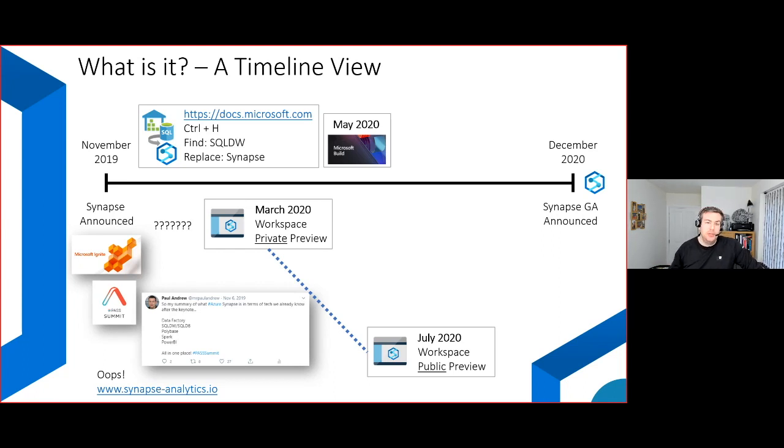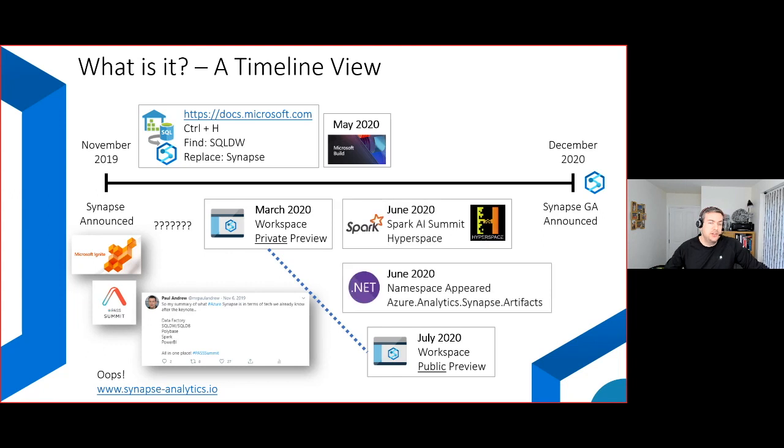What perhaps we then realized was that in the following month, when the Spark and AI Summit was running, that's perhaps the catalyst, and that's, I guess, what Microsoft were waiting for when it came to Synapse, because they then introduced some of their features and capabilities that they had added to their own Spark implementation, which they baked into their Synapse workspace, this Apache Spark open source compute that they'd added.